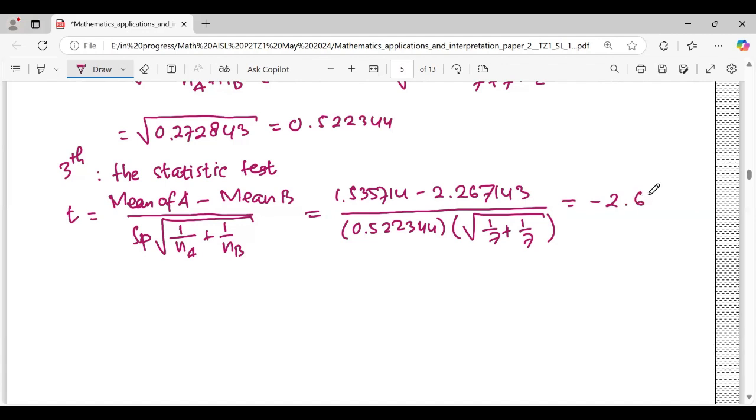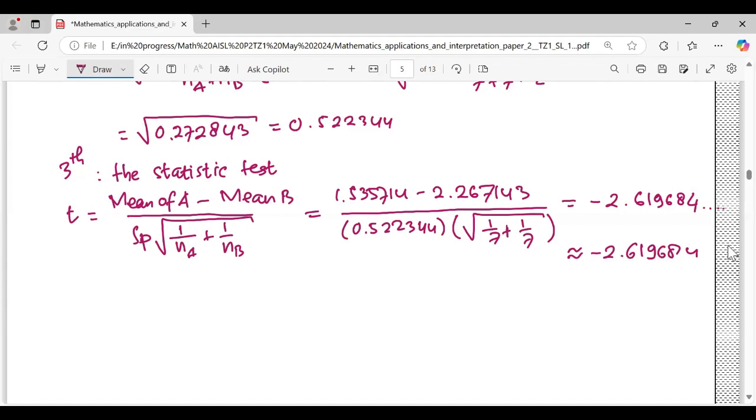minus 2.619684. Okay, and it gives the test statistic value approximately minus 2.619684. Keep 6 decimal places.